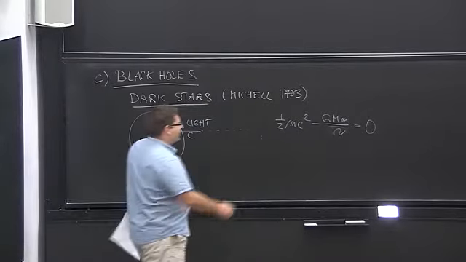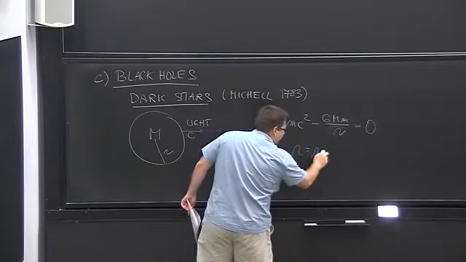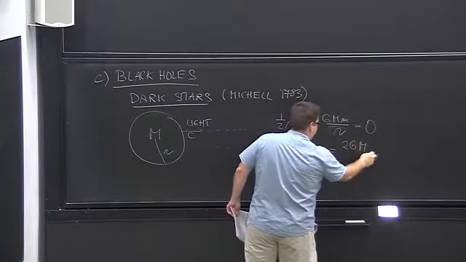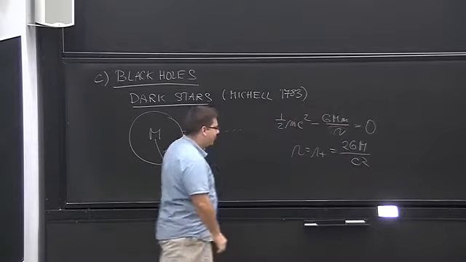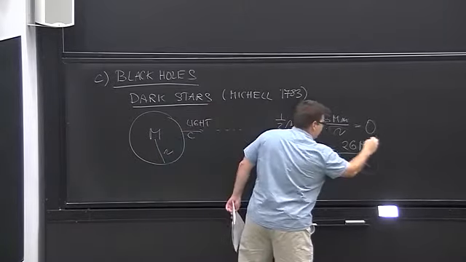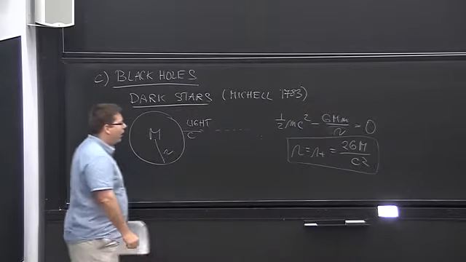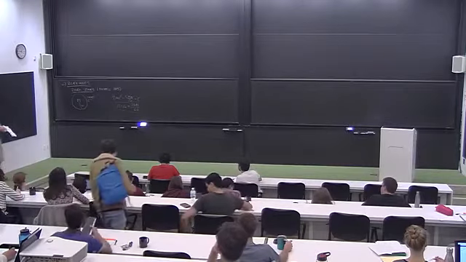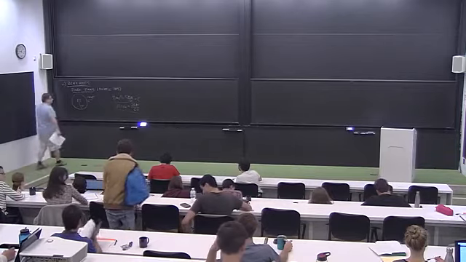And you find that the radius is equal to some specific radius, which is 2GM over c squared. Okay, so this is the radius for that star. And so if the star is more massive than this, then the light will not escape.